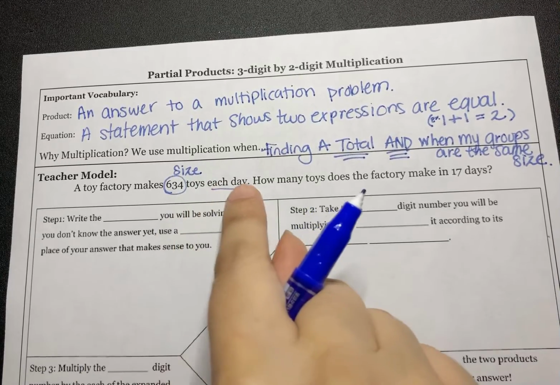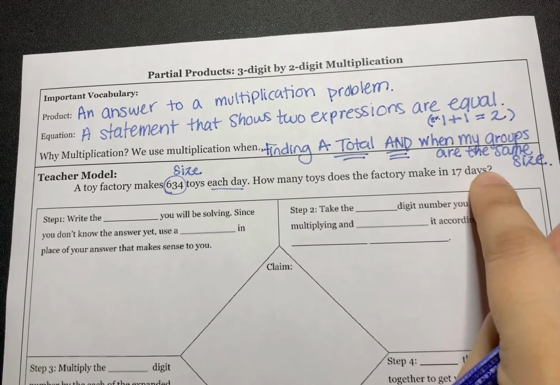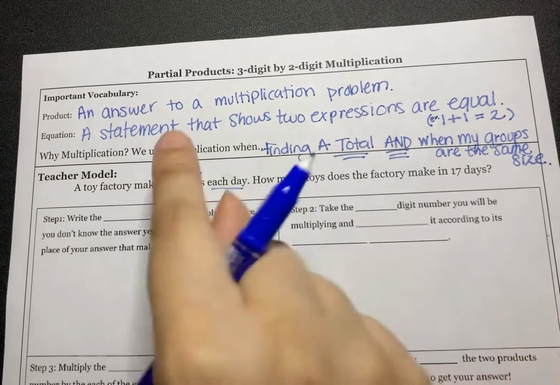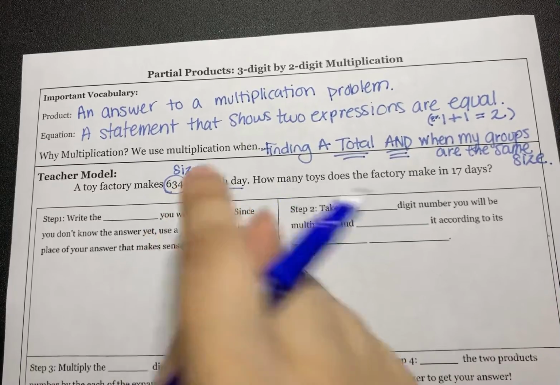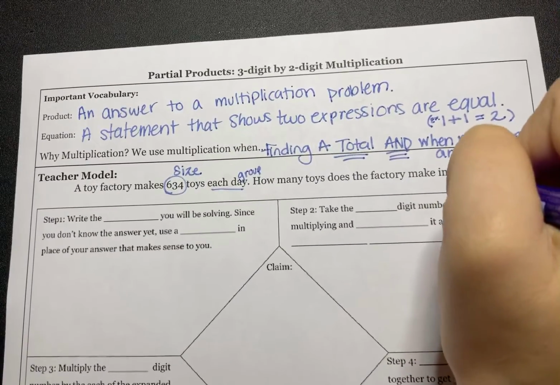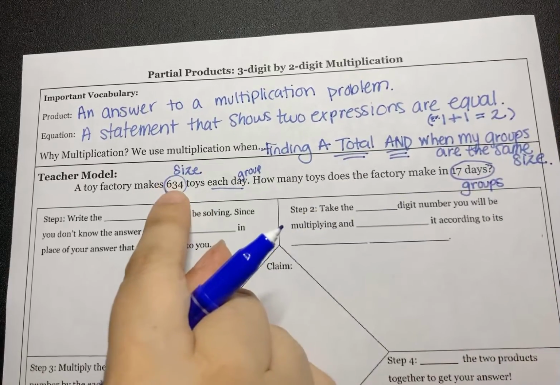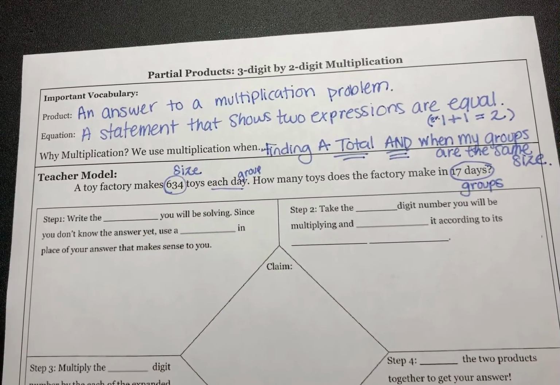Now, that being said, each group would be the day because I know that I have 17 of these days and every day I make 634 toys. So day represents the group, which tells me that I have 17 groups of 634 that I'm going to be looking at.